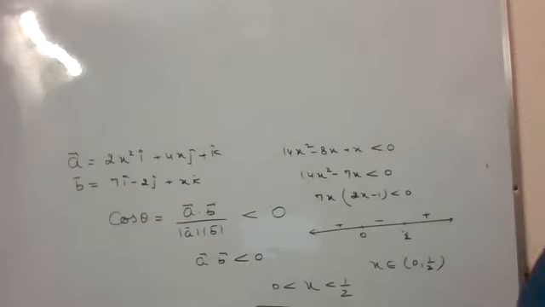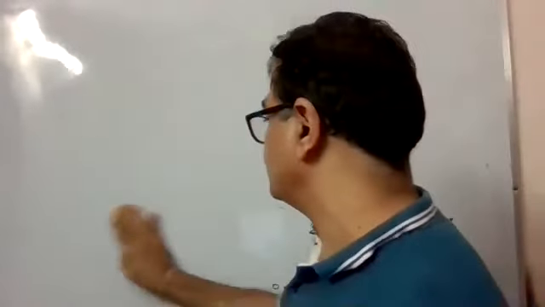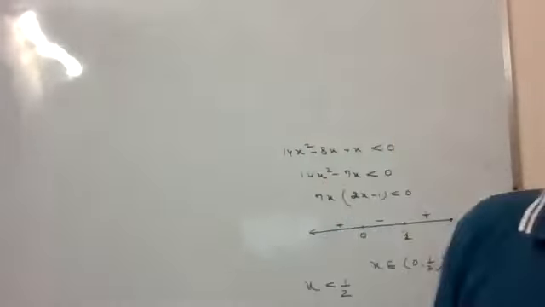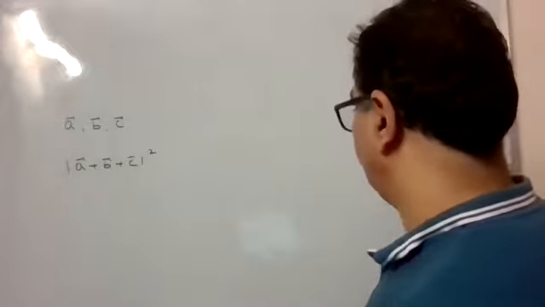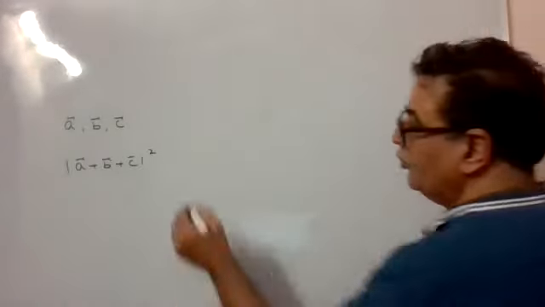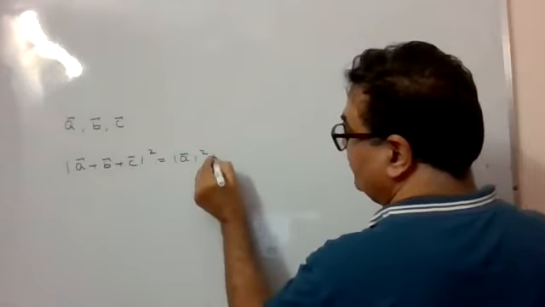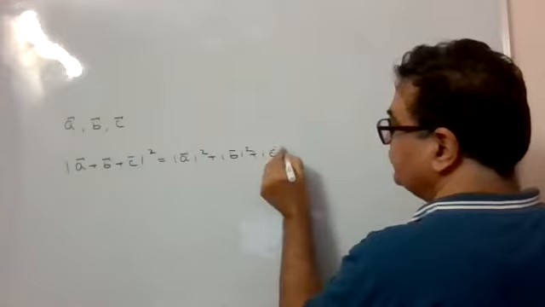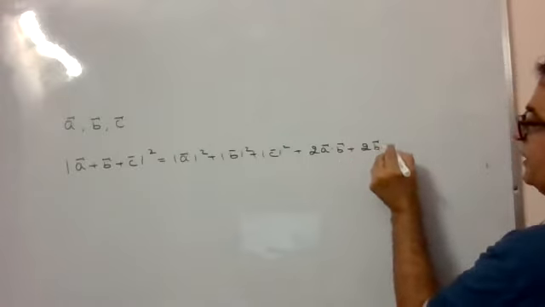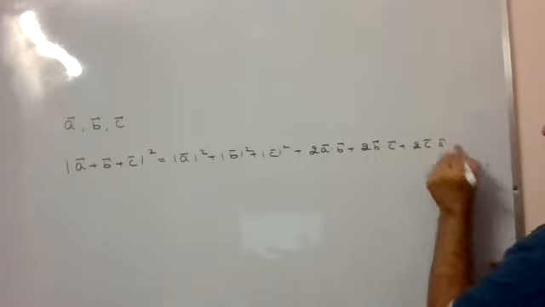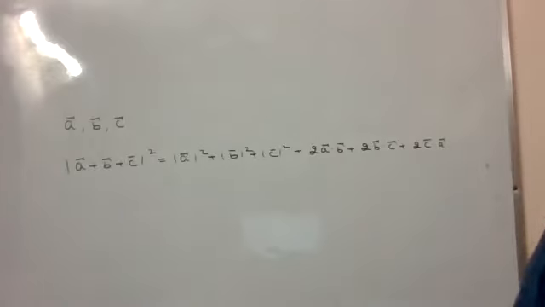Now coming to the next result. There is one more result you have to remember, on which some questions are still left, and we will finish those too. For any vectors A, B and C, magnitude of A plus B plus C whole square will be equal to magnitude A square plus magnitude B square plus magnitude C square plus twice A dot B plus twice B dot C plus twice C dot A. This is the formula you should remember.